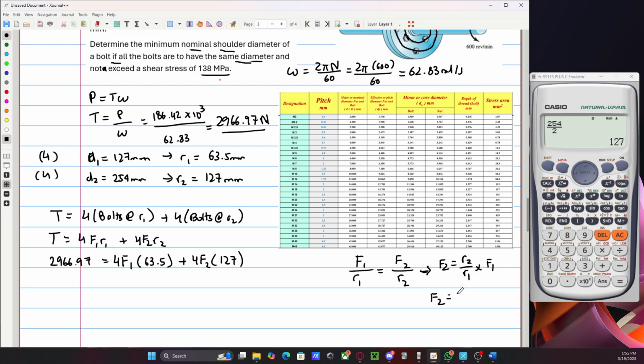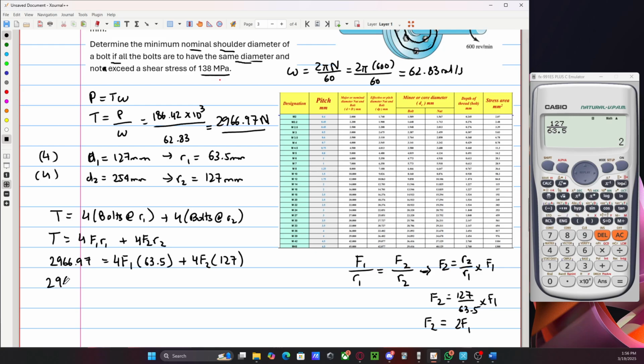Our radius for the second one was 127, divided by 63.5, times F1. So 127 over 63.5 is 2, and we know that F2 is equal to 2F1.